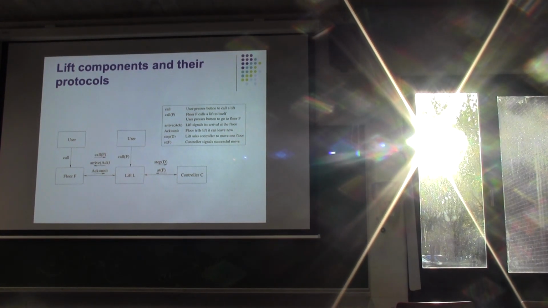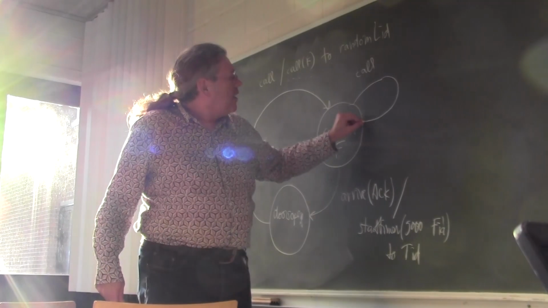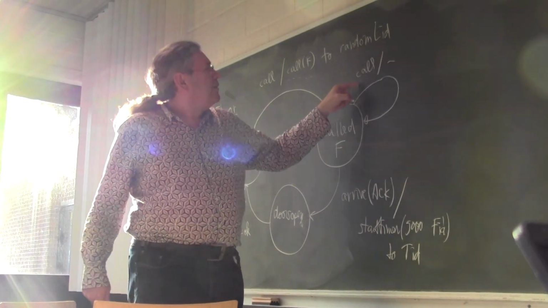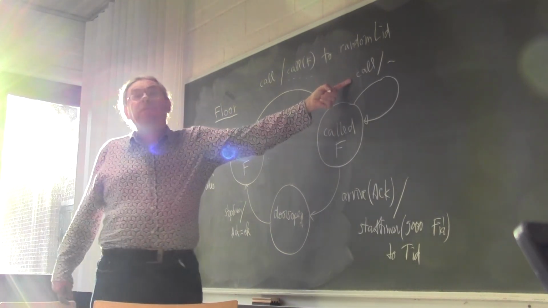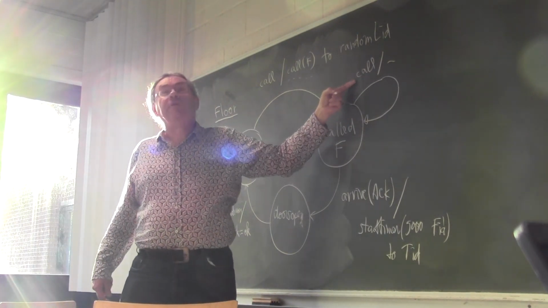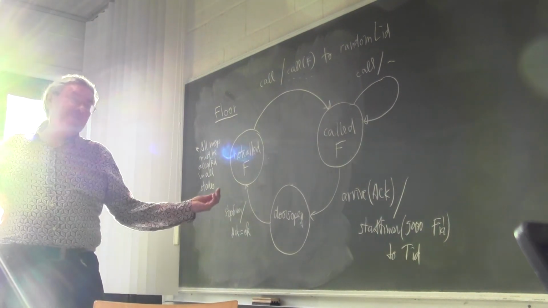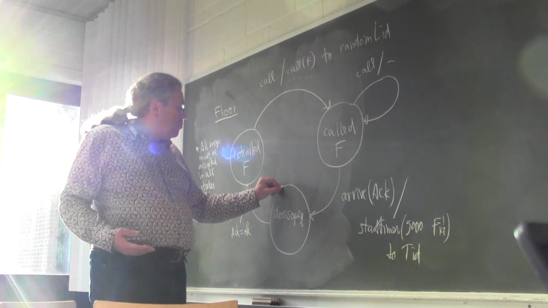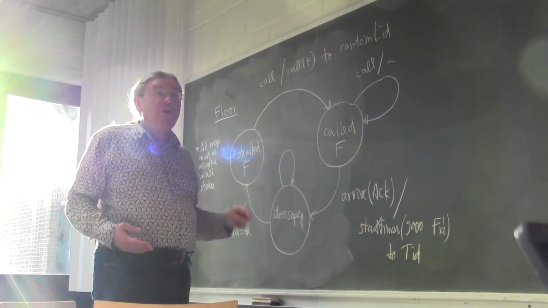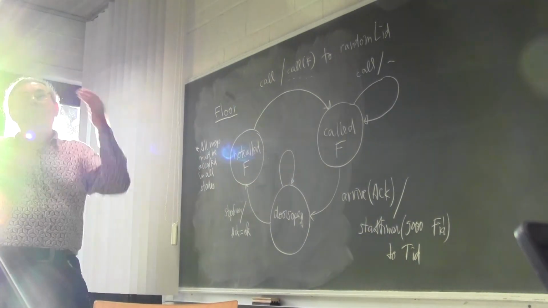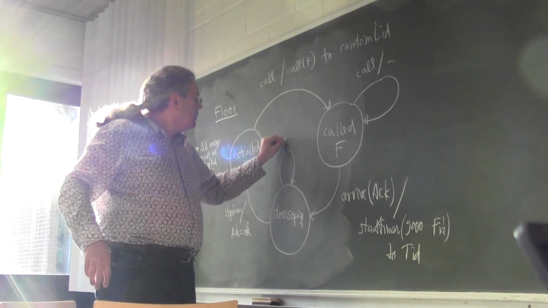So what do we do? What happens if it gets a call message here? Well, basically nothing, because it's already calling a lift. But you have to handle it, you see? You have to put in something like this. Also, when the doors are open, you can get a call message, but nothing is needed there. That's pretty stupid, call lift and the door is open. Okay, but it can happen.